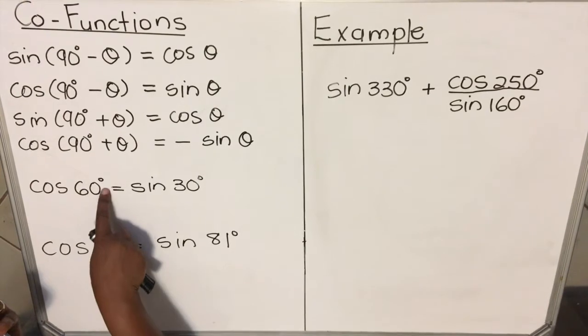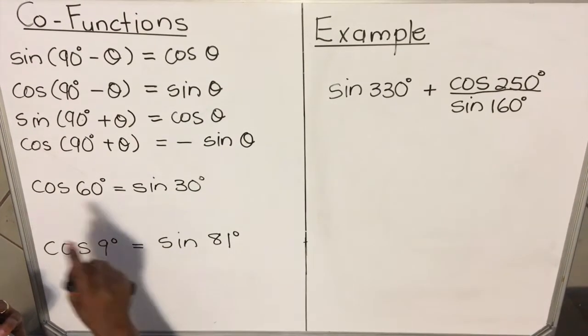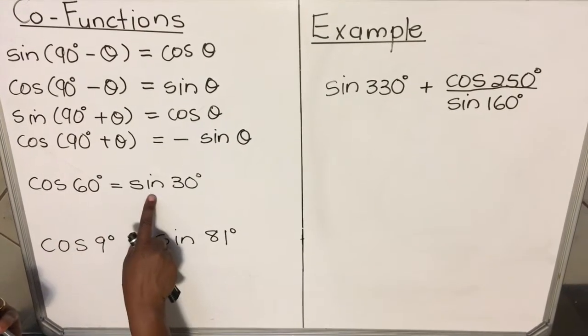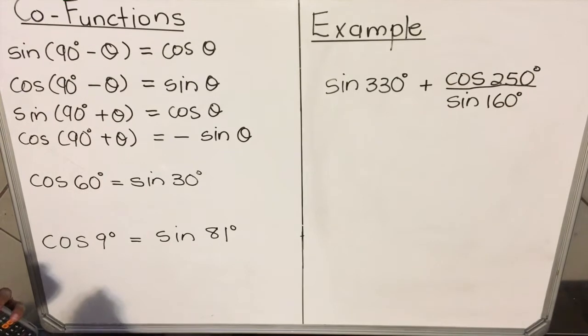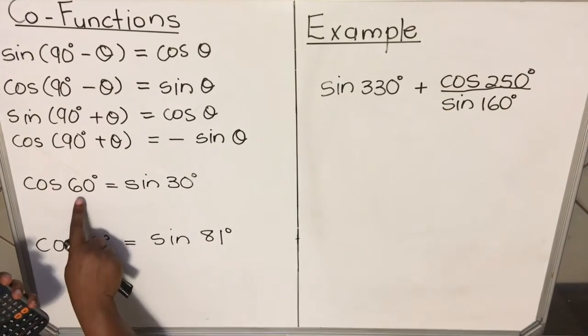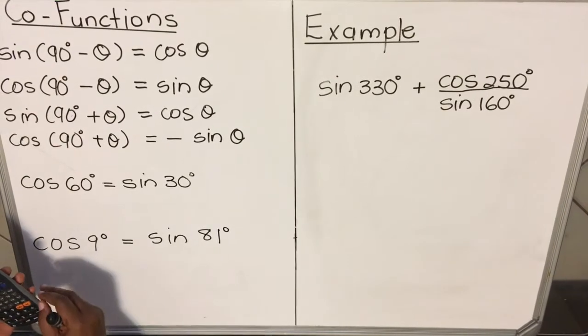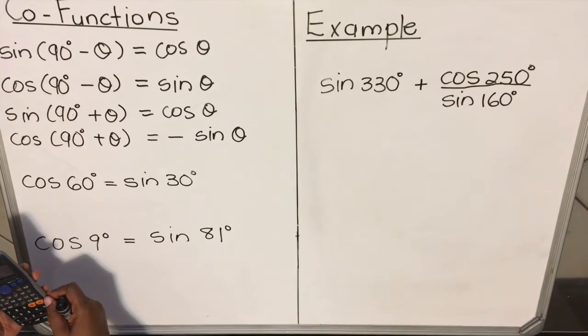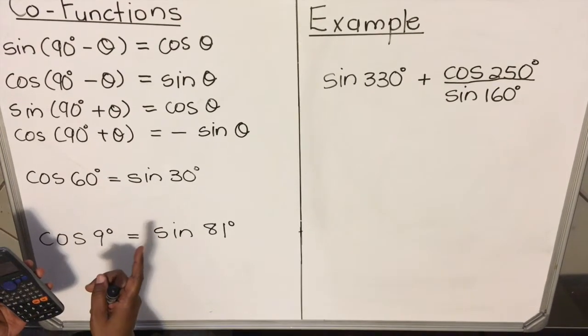So if the two angles add up to 90, and one is cos and the other one is sine, therefore those two trig ratios will be equal. So I want us to test, because these are special angles we can test with our calculator. I want you to pause the video and punch in cos 60 and then punch in sine 30.